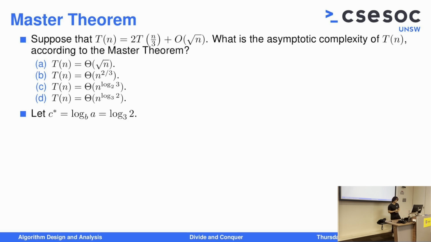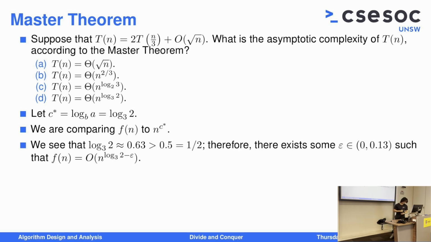And the way we solve this is we say that the critical exponent is log base b of a, which is log base 3 of 2. What's important is we are comparing f(n), which is the time complexity at each level, to n to the critical exponent. We see that log base 3 of 2, which is our critical exponent, is greater than 0.5, which is half, so therefore there exists some epsilon such that f(n) is equal to O of n to the log base 3 of 2 minus some epsilon.